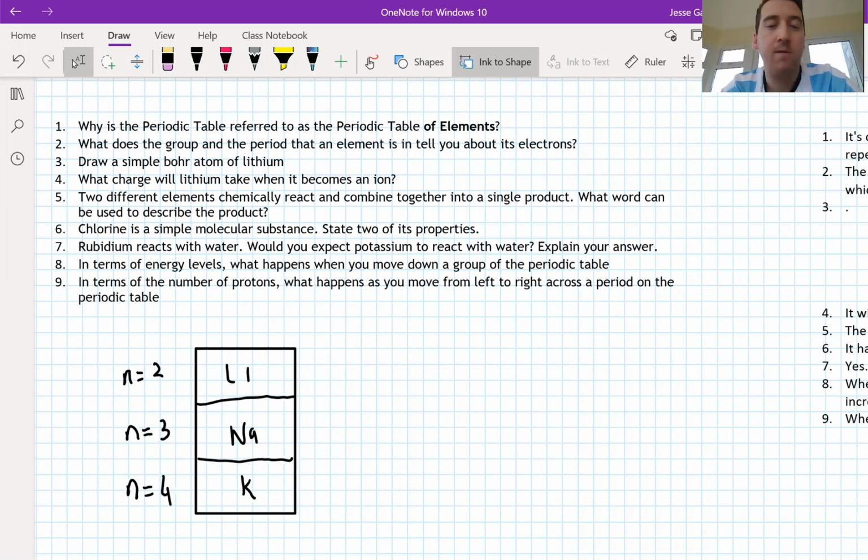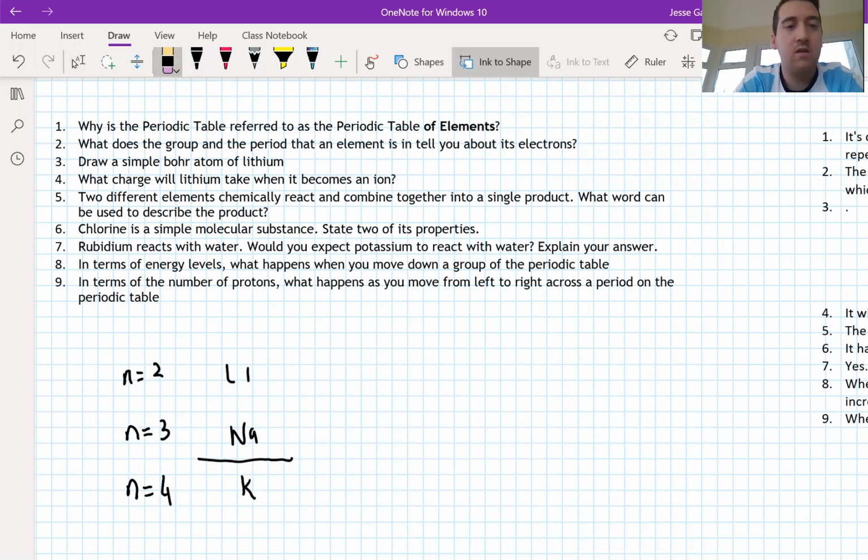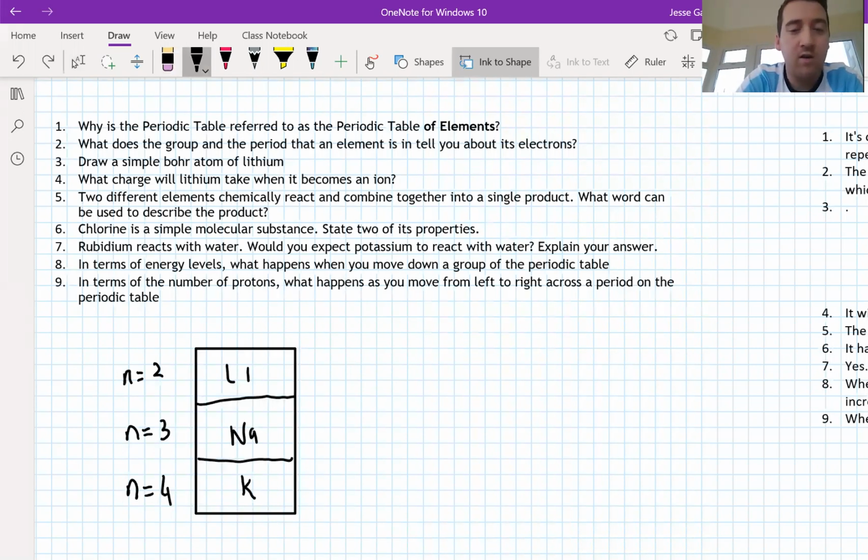Number 9, in terms of protons, what happens as you move from left to right across a period in the periodic table? So say, for example, we took the N equal to 2 period. The N equal to 2 period begins with lithium, so I'm going to begin it here. Now, the next one beside lithium is beryllium, Be.